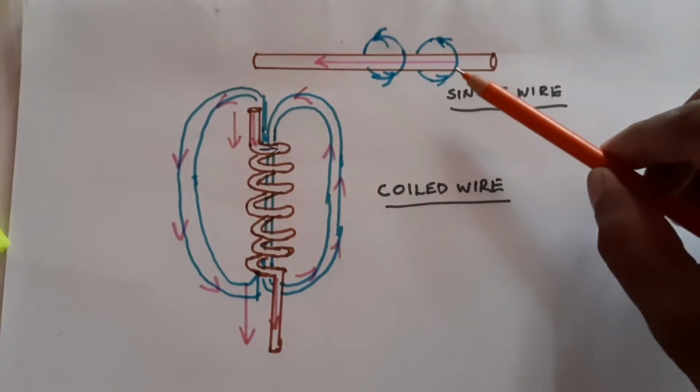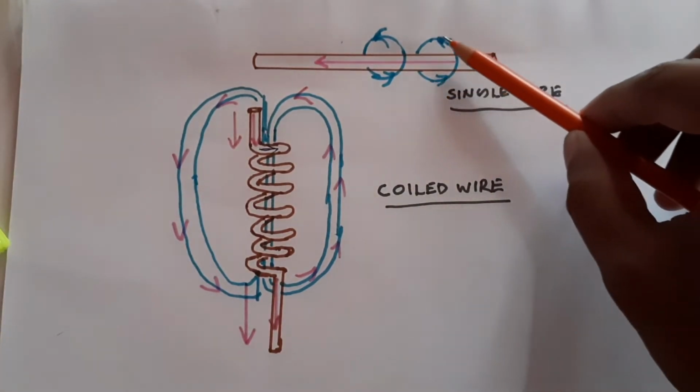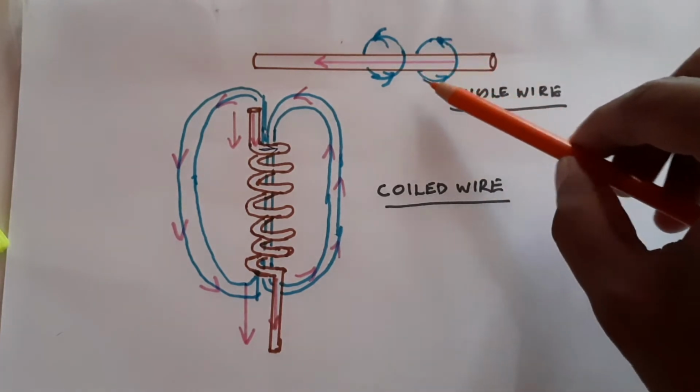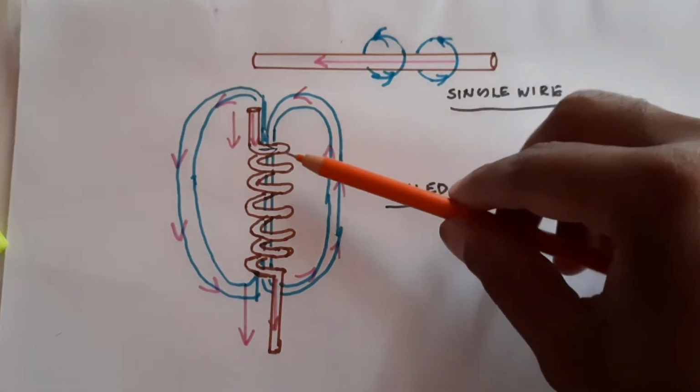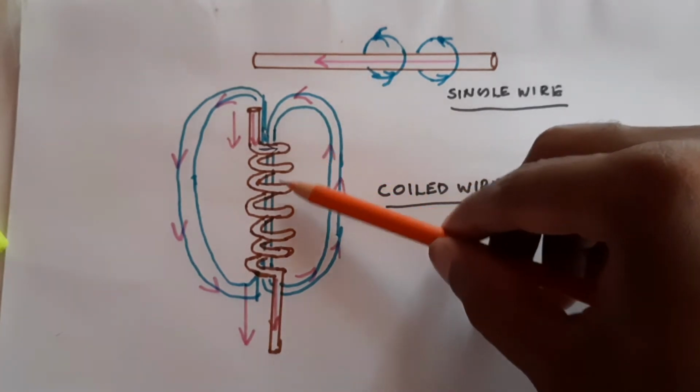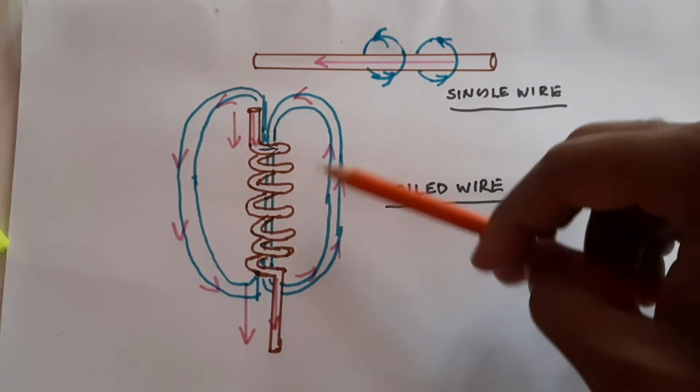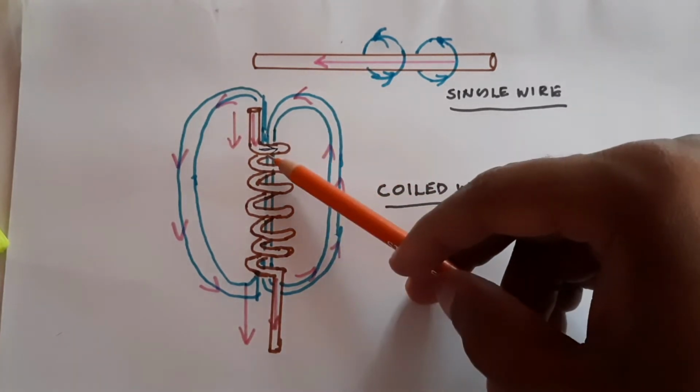As a single wire produces a little amount of flux and the flux is not concentrated, if we turn the wire into a coil like this, more concentration of flux happens.